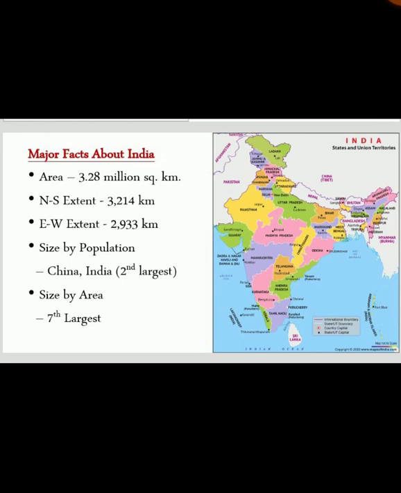The area is about 3.28 million square kilometers, and the mainland of the country extends from 8 degrees 4 minutes north to 37 degrees 6 minutes north, covering about 3,214 kilometers, and from 68 degrees 7 minutes east to 97 degrees 25 minutes east, covering around 2,933 kilometers.